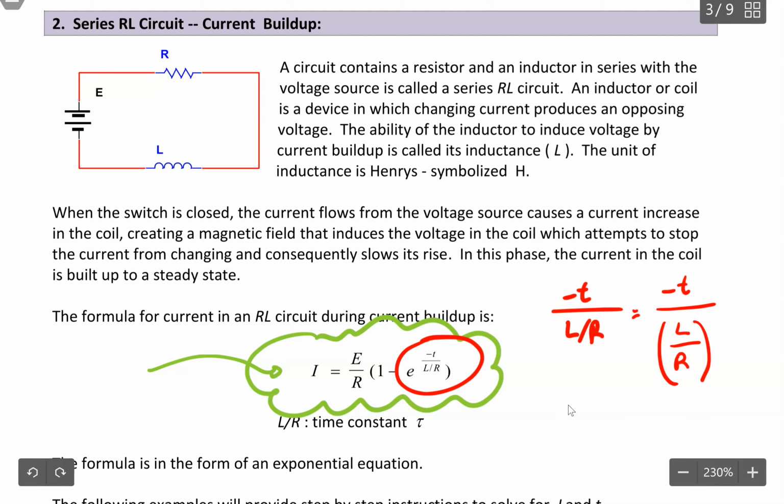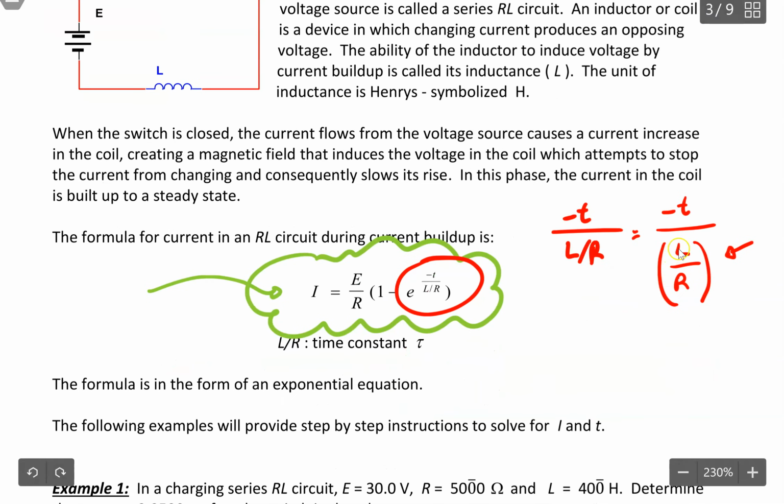That means you perform this operation first, and then you divide that value into t. Again, you have an inductance measured in Henry, divided by resistance measured in ohms.